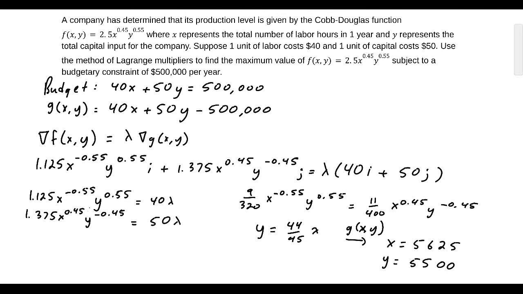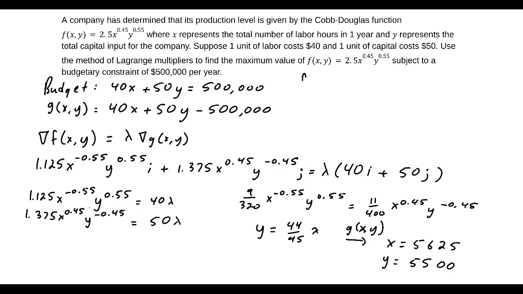And finally, we can evaluate that point, the point 5,625 comma 5,500, into f to find the production level, the maximum value here.